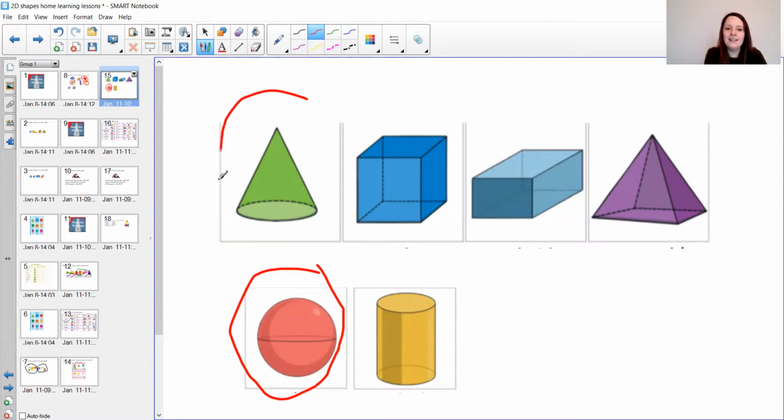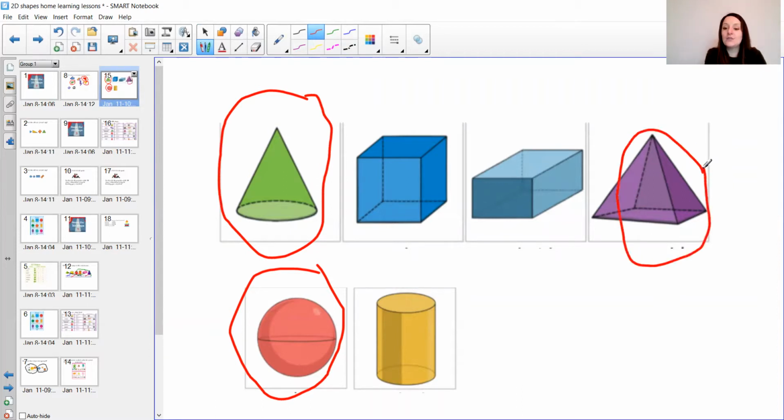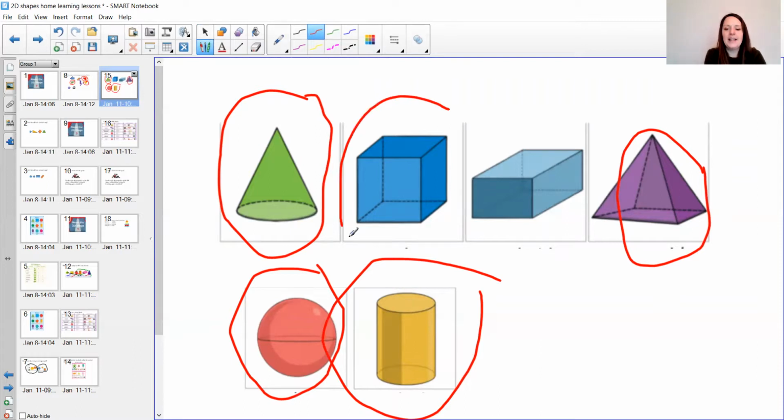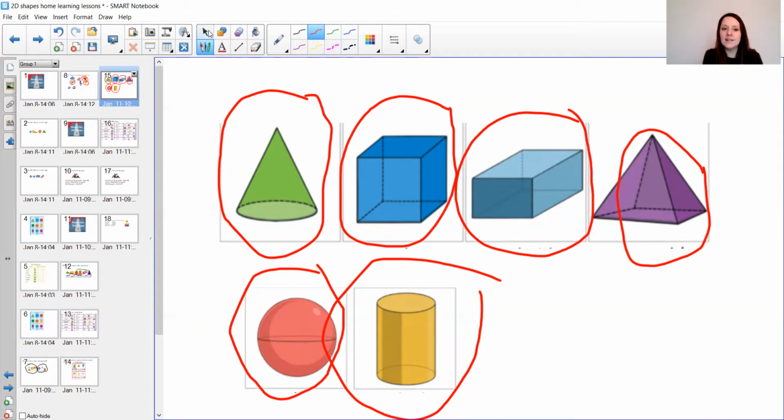This one is a cone. Over here, this one is, that's right, square-based pyramid. Here we've got a cylinder and a cube and a cuboid. Well done, fantastic. All 3D shapes.